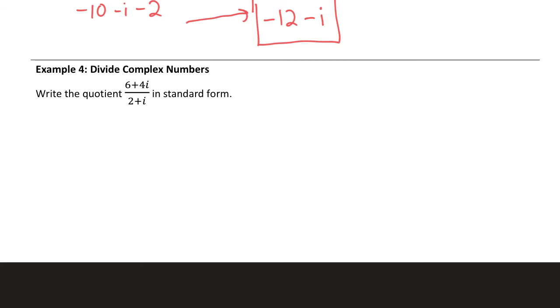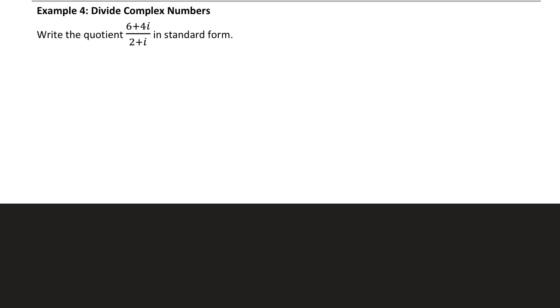And then our final example has us divide complex numbers, and kind of like in the last lesson where we did what's called rationalizing the denominator, in the same way, i is a square root, so we don't want i on the bottom of a fraction. So the way I would write this in standard form, first I'm going to rewrite the entire expression.